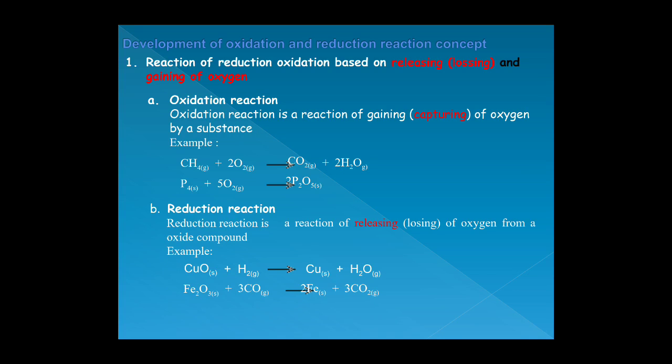Example, when methane is reacting with oxygen, it gives carbon dioxide and water. When phosphorus is reacting with oxygen, it gives phosphorus pentoxide. Oxidation reaction is a reaction of gaining or capturing of oxygen by a substance.